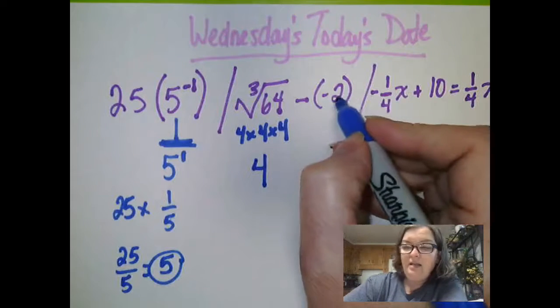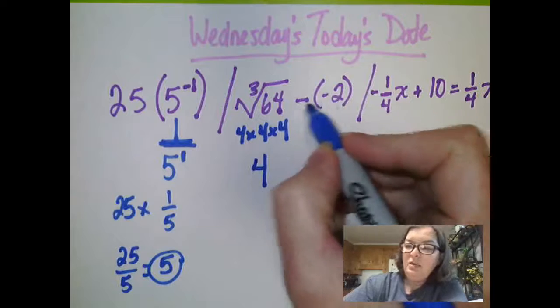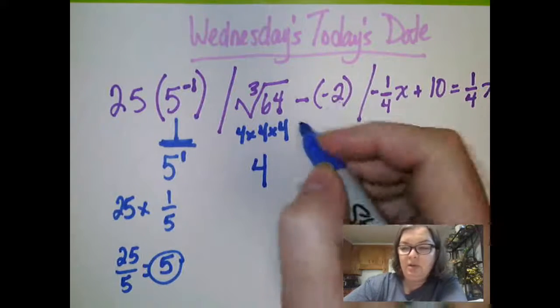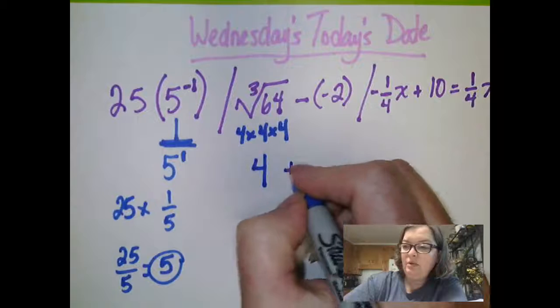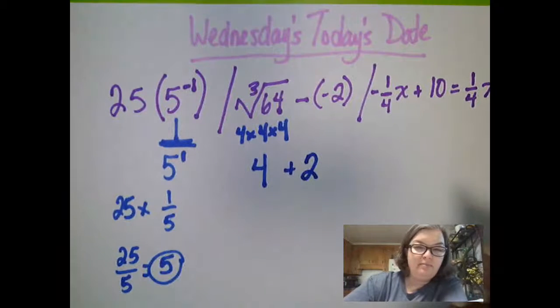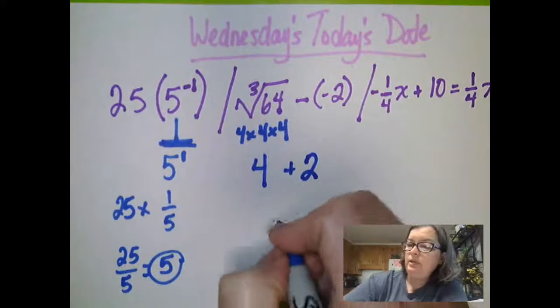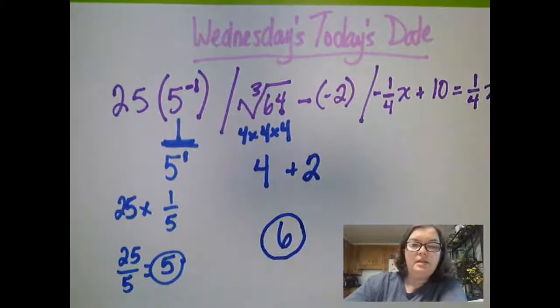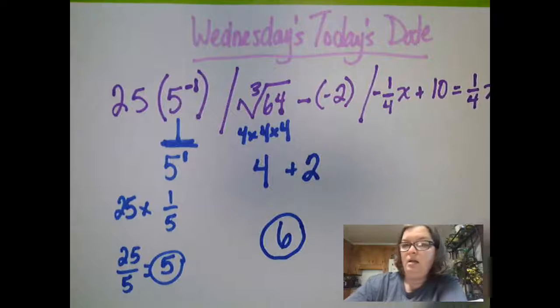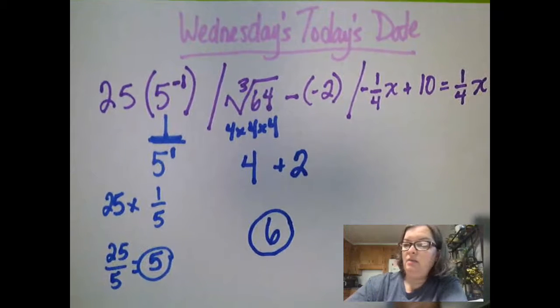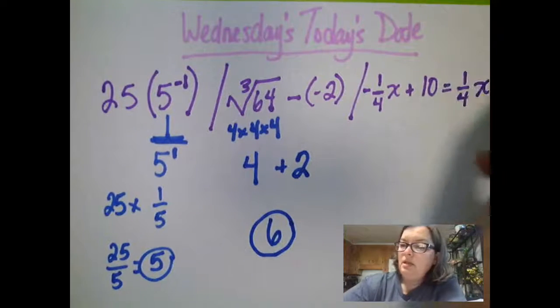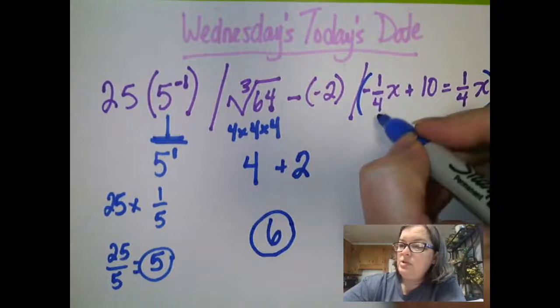This subtracting the negative 2, you're taking away a negative value. So in order to take away a negative value, you're going to add that value. Alright? And then 4 plus 2 is 6. Okay? Lastly, we've got a fraction equation. Again, with the fractions, I'm going to multiply.